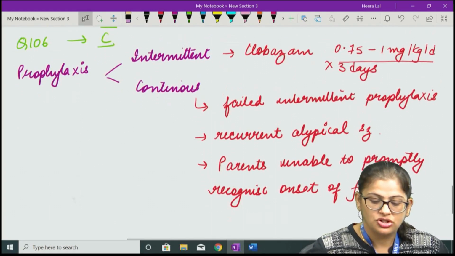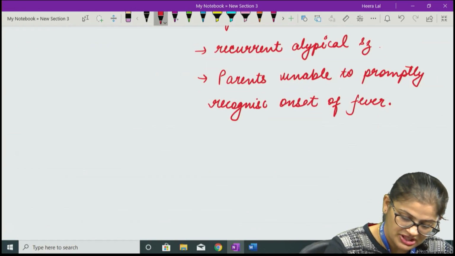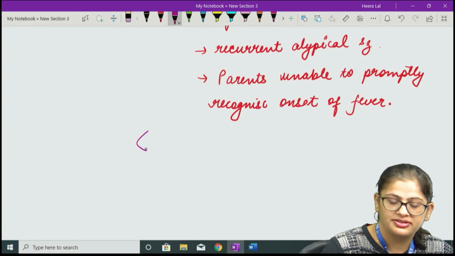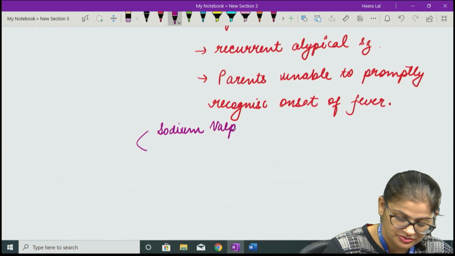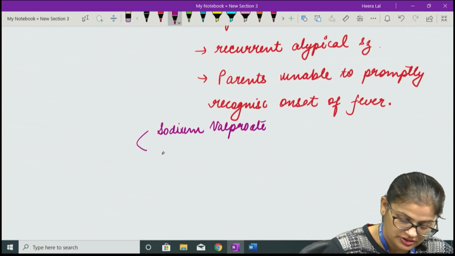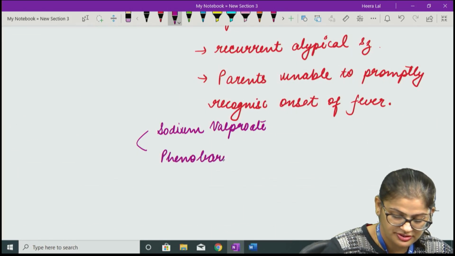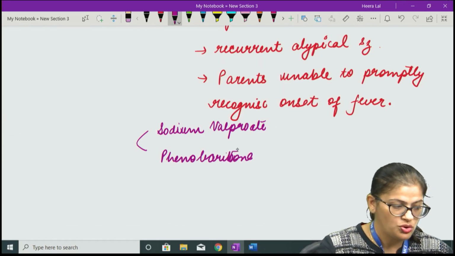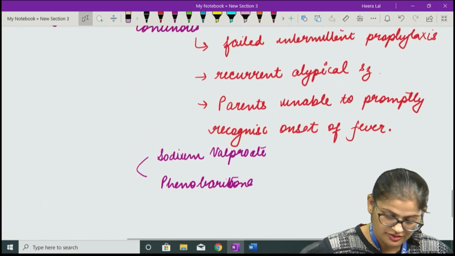So in this condition, continuous prophylaxis may be given, and the 2 drugs that are used for continuous prophylaxis are either sodium valproate or phenobarbital. So these are the 2 drugs which are used for continuous prophylaxis of febrile seizures.